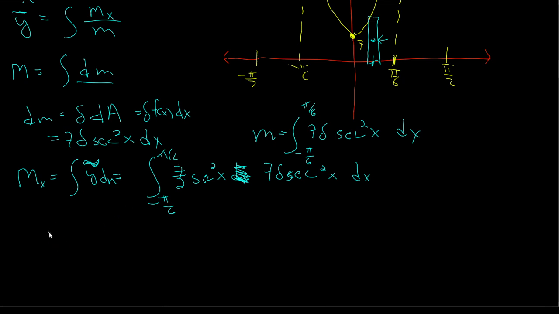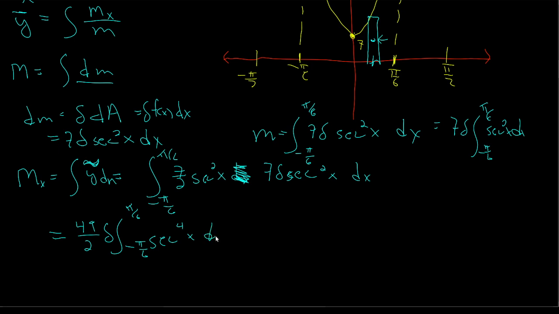And Mx we can simplify. We'll pull out 49 halves, and the delta, so we'll pull out the 7 delta from negative pi over 6 to pi over 6 of secant squared x dx. And this is secant to the 4th x dx.